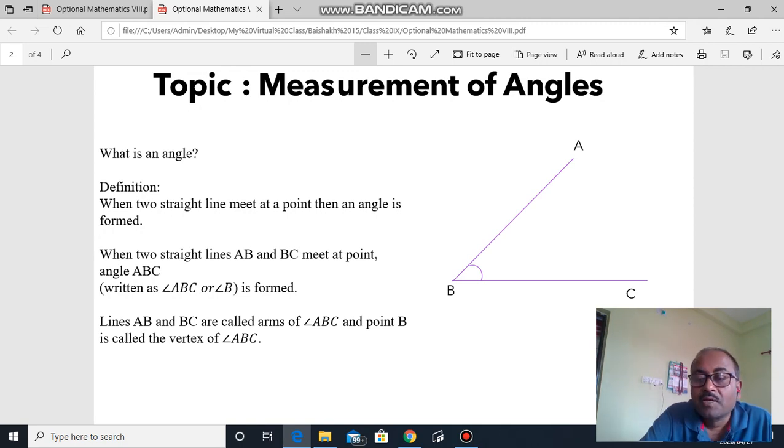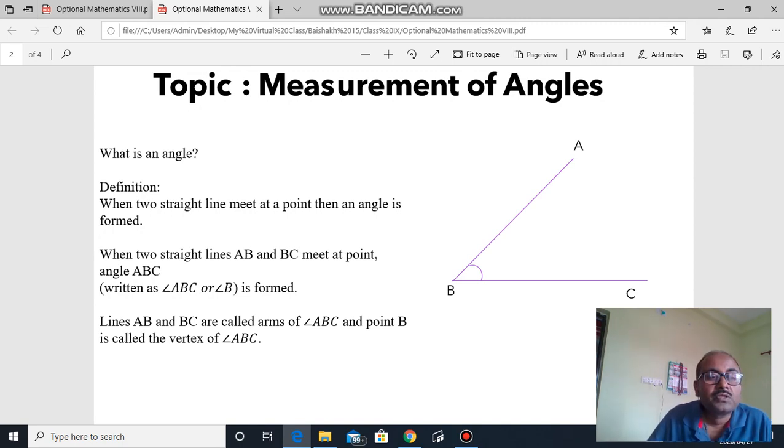Let us see in simple words. Can you see this picture? There is one straight line AB and another straight line BC. They are meeting at point B. See this curved line? It shows there is an angle between two lines AB and BC.